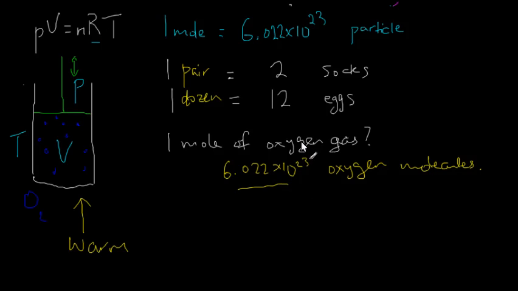If I have another gas like nitrogen gas, then I would say nitrogen molecules. Carbon dioxide gas would be carbon dioxide molecules. But what if it's a mixture like air? Air has nitrogen and oxygen. Unfortunately for mixtures, it doesn't really make sense to say 1 mole of air, because if you say 1 mole of air, you don't actually know how many oxygen and nitrogen molecules there are.